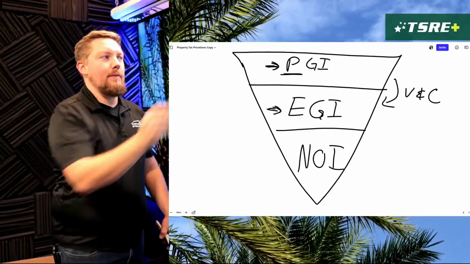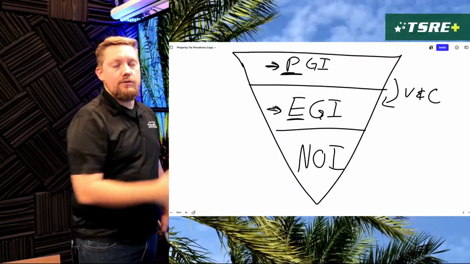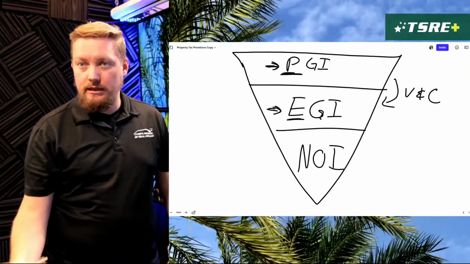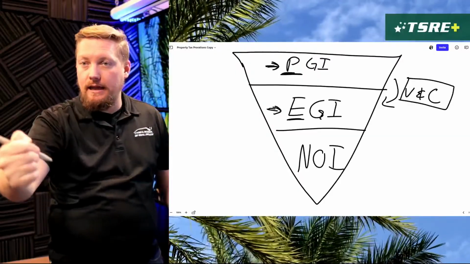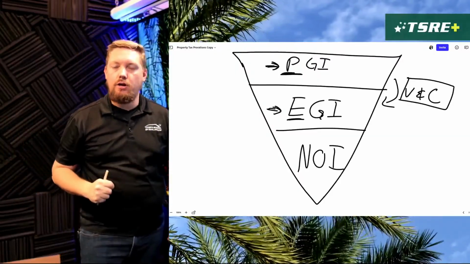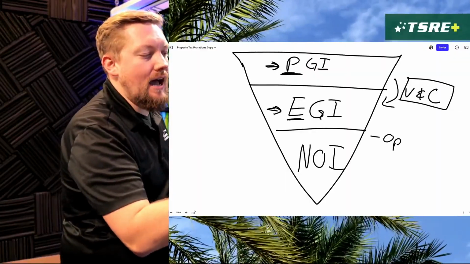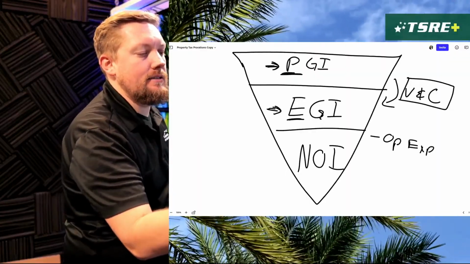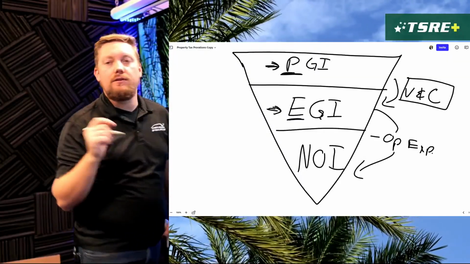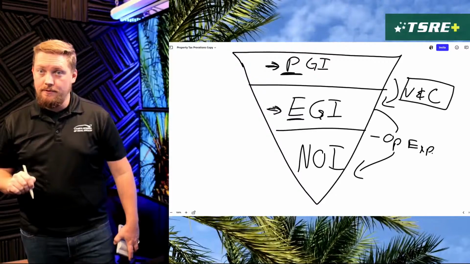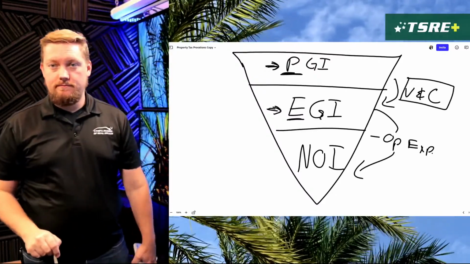This is how much a property could generate. Effective gross is how much it actually brings in when you subtract out the money that you do not collect from vacancy and collection losses. But you still have what's known as operating expenses. And operating expenses are how you progress down to the final stage of income, which is net operating income.